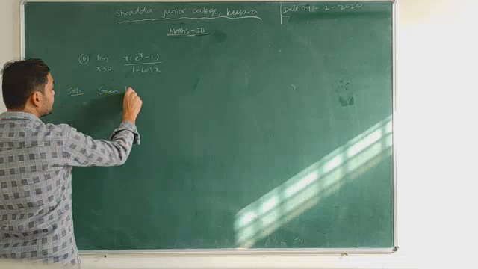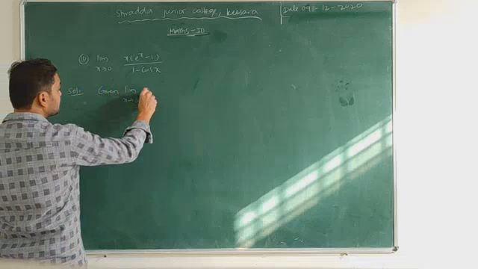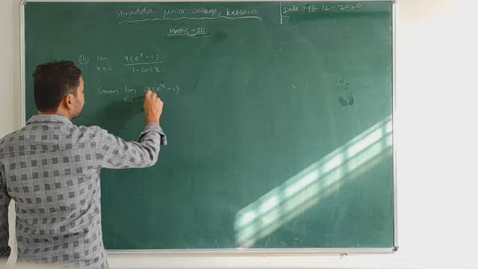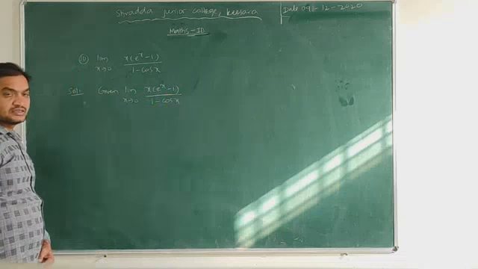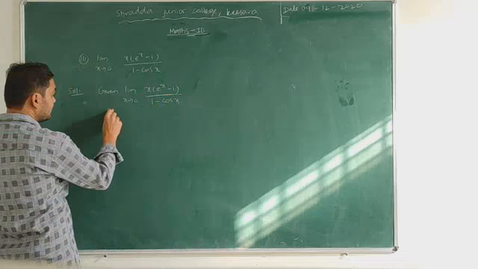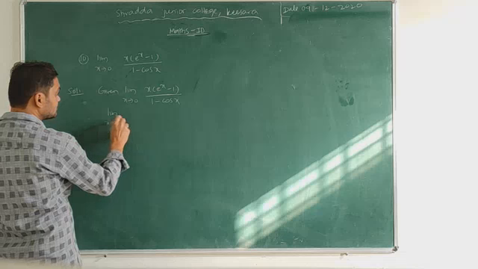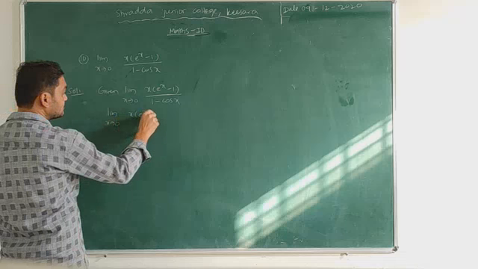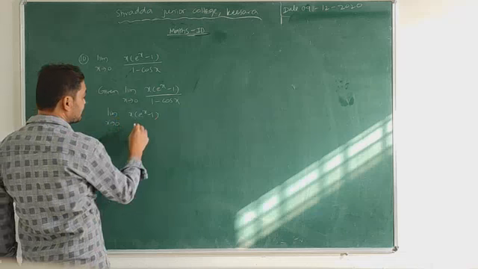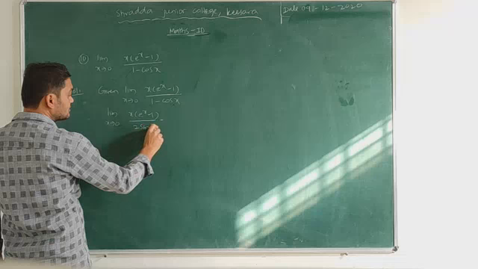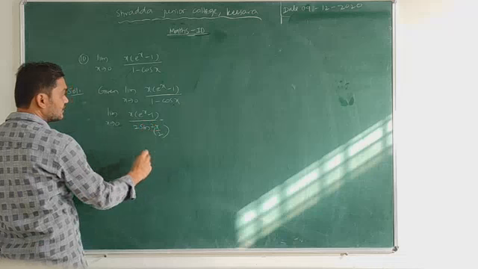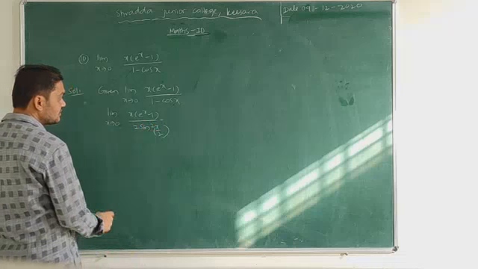What is given here? Limit x tends to 0, x into e power x minus 1 by 1 minus cos x. So see here, what is the formula? 1 minus cos x is 2 sin square x by 2.